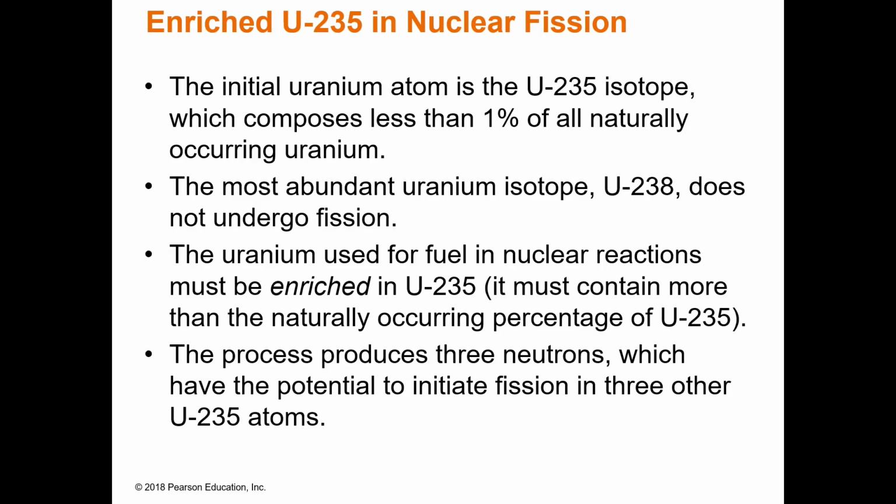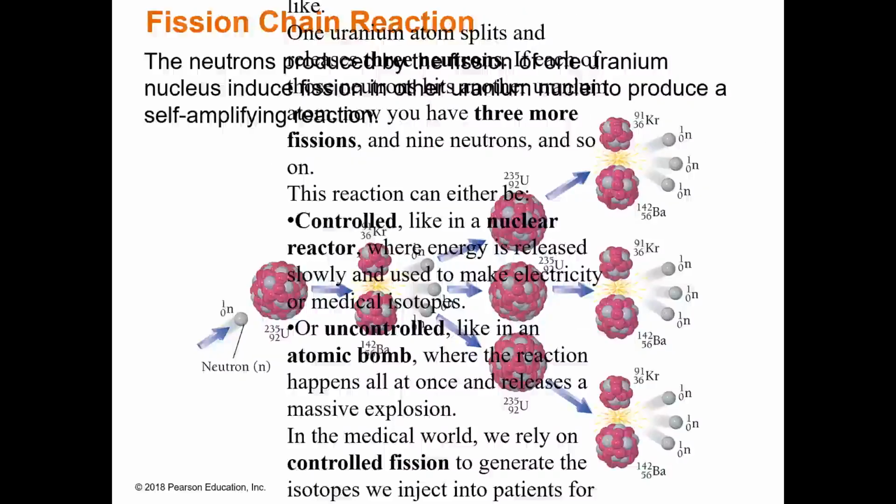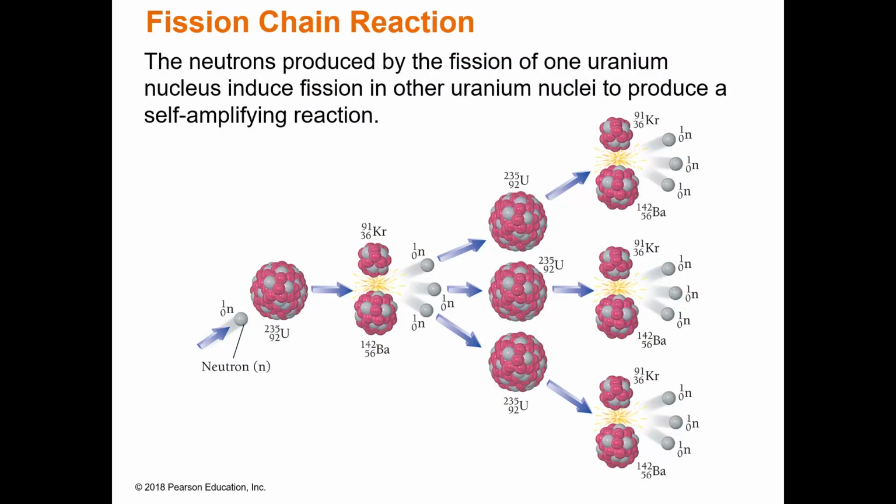Once U-235 absorbs a neutron and splits, it releases three more neutrons, which can each cause more fissions. This is called a chain reaction, and it's how we generate a lot of energy very quickly. In medicine, small-scale reactions are used in facilities to create short-lived isotopes like those used in PET scans or radiation treatments. Here's what a chain reaction looks like.